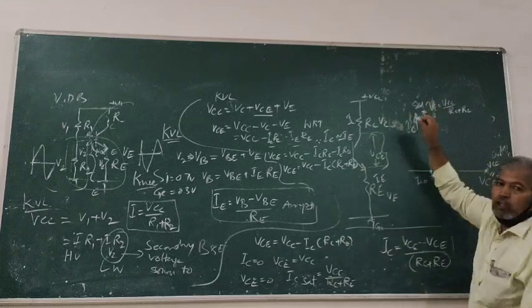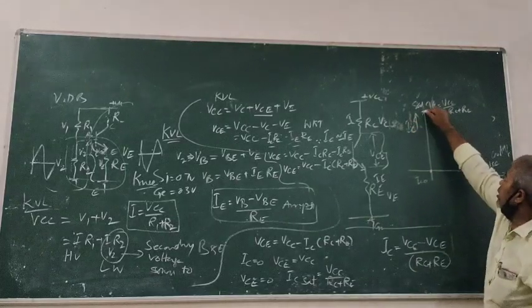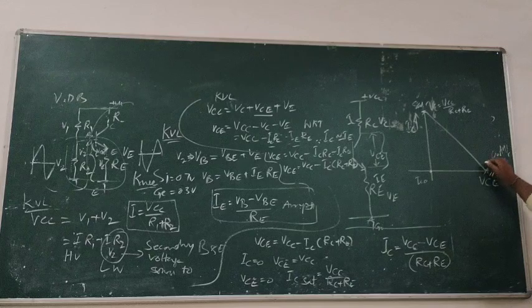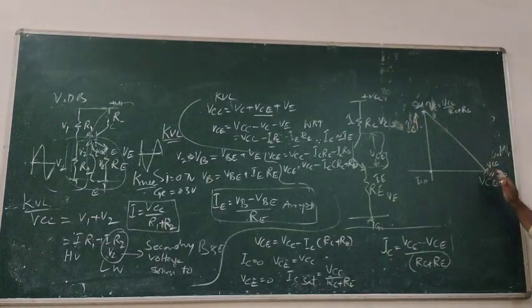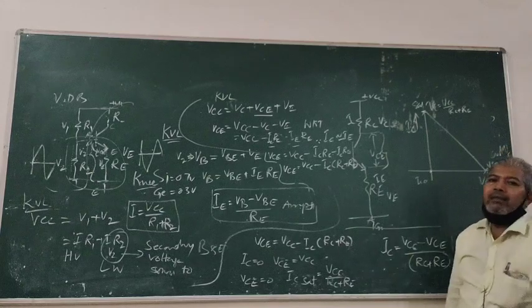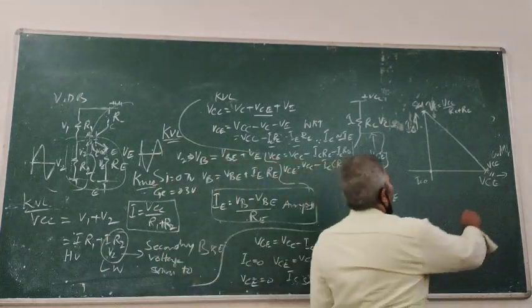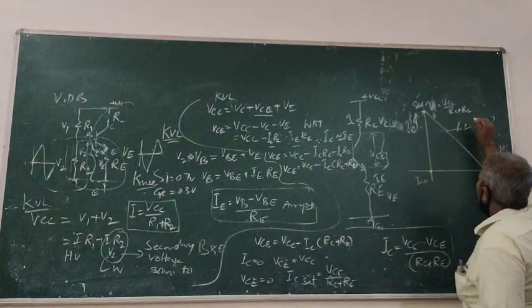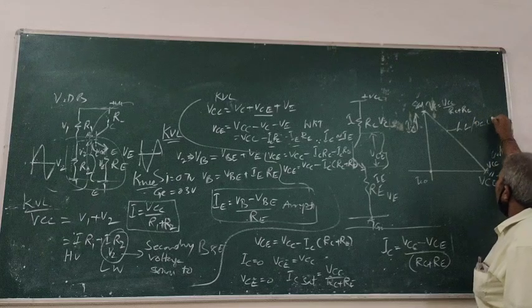So this is saturation point, and that is the cutoff point. You got 2 points. Now I can join a load line here. Join a line from collector current to the voltage across collector and emitter. This line you can call a load line, also called a DC load line.